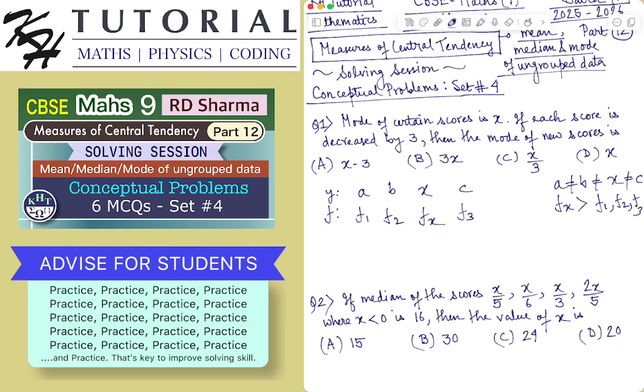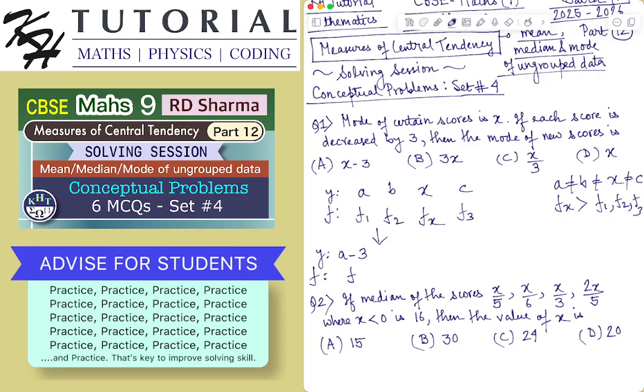Okay, now it is saying that the scores are decreased by 3. What will happen? The new discrete frequency distribution will be something like this: A minus 3. Now remember, you might be wondering whether the frequency F1 will be the same or not. It will be the same. Why?